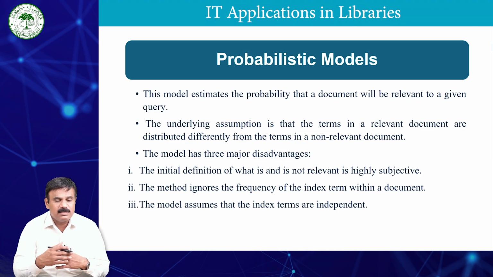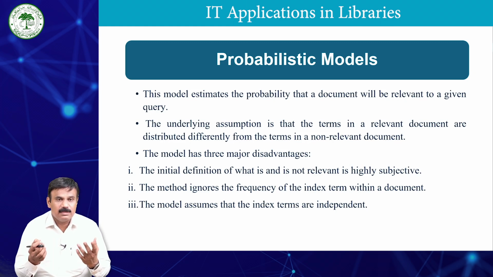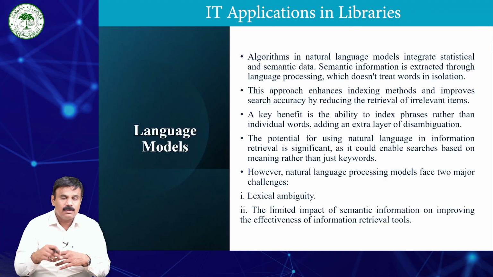Some major disadvantages of this model are that the initial definition of what is and is not relevant is highly subjective. The method ignores the frequency of the index term within the document, and the model assumes that the index terms are independent. Okay, these are the different models.